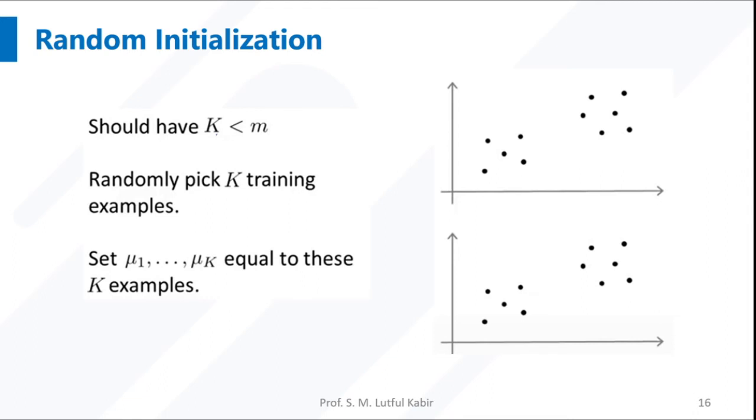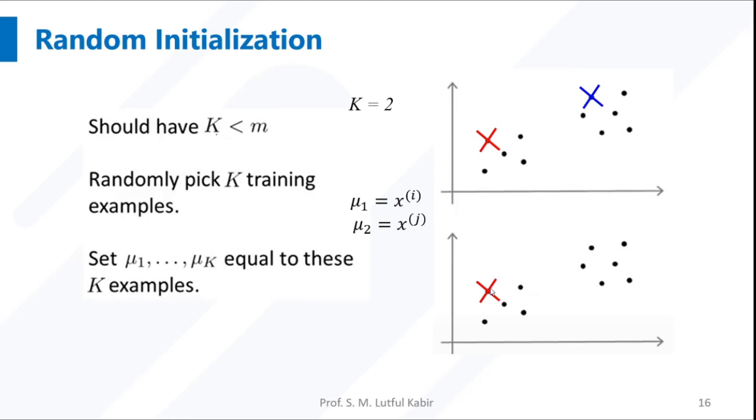So if these are the data points and your k is, for example, 2, you may choose these 2 points. Since you are not going to plot in every case, you just randomly select these 2 points. If you're lucky, they are in different clusters, but sometimes you're not lucky.